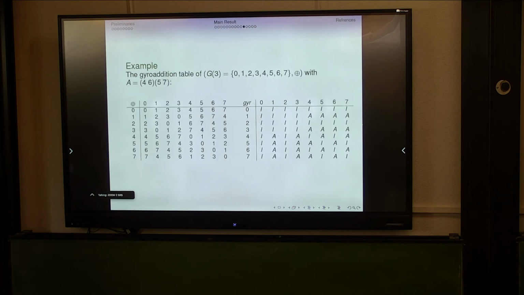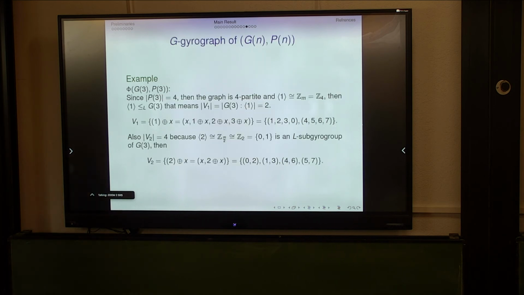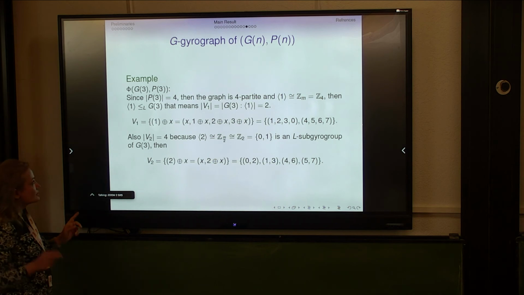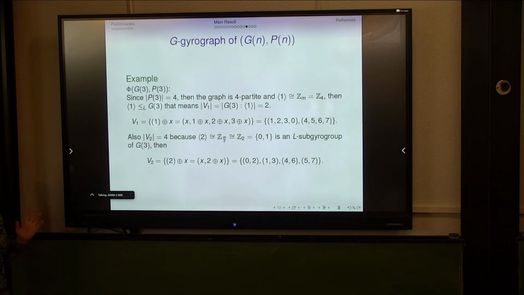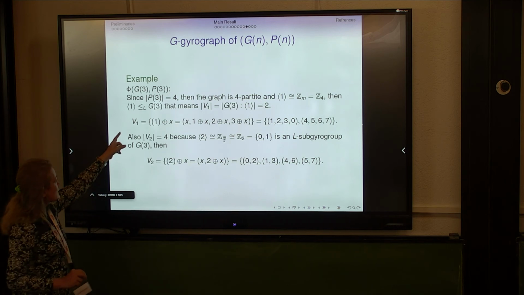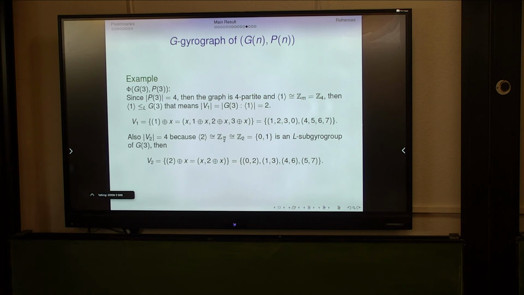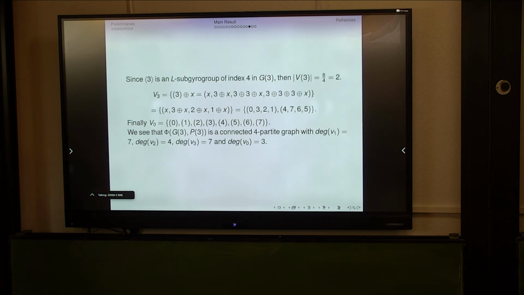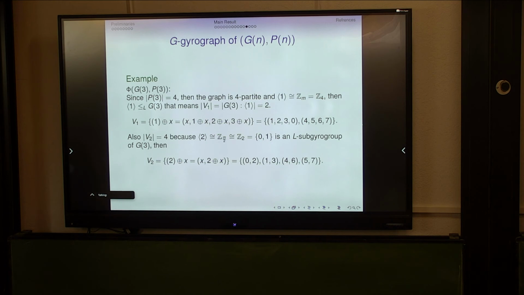Here there is an example where n is 3. This is the gyroaddition and gyroautomorphism table of G3. Here is the structure of the gyrograph of G3 with P3. Since the cardinality of P3 equals 4, this graph would have 4 parts: V0, V1, V2, and V3.